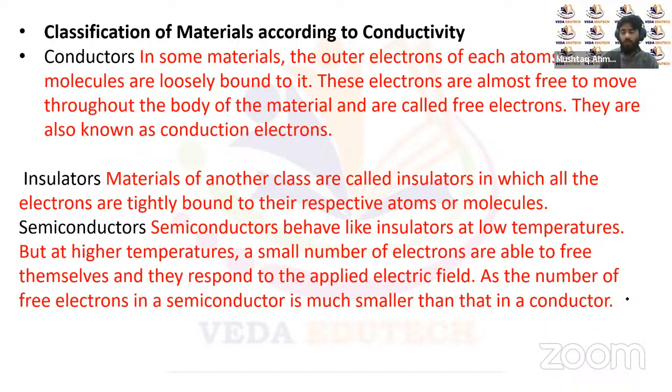Even if the insulators may be negatively or positively charged, or may have some polarization, those charges are tightly bound and not available for the conduction, right? So we call such materials insulators, or sometimes dielectrics as well.